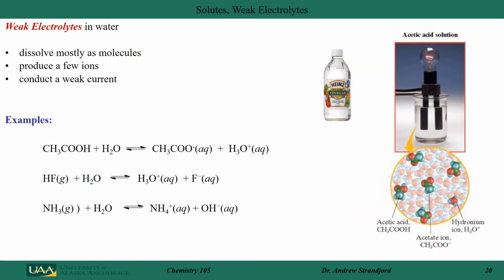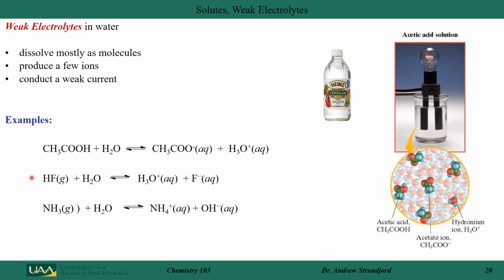If we look at solutes that are weak electrolytes, which means they mostly dissolve in water, but they produce just a few ions. For example, if I take acetic acid, a common ingredient in vinegar, and I put that in water, some of the molecules dissociate into ions, and that conducts electricity, but this is an equilibrium reaction, so I still have this neutral non-ionic compound in water, so we consider this a weak electrolyte.